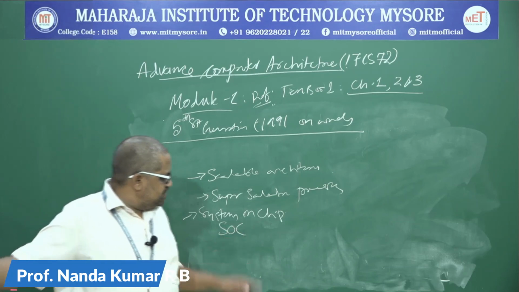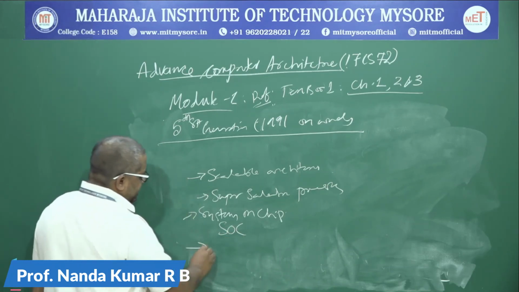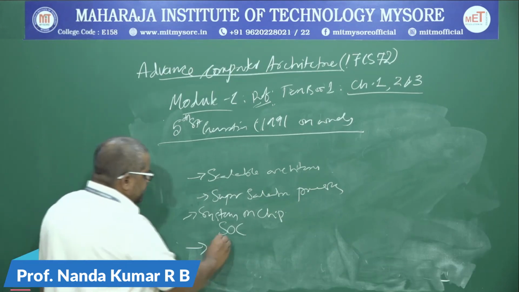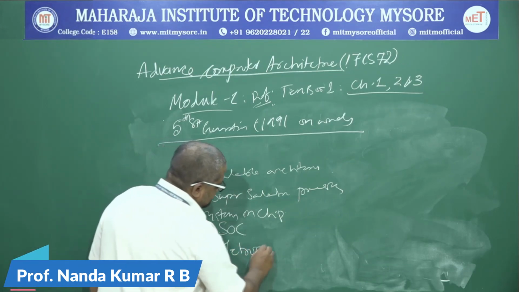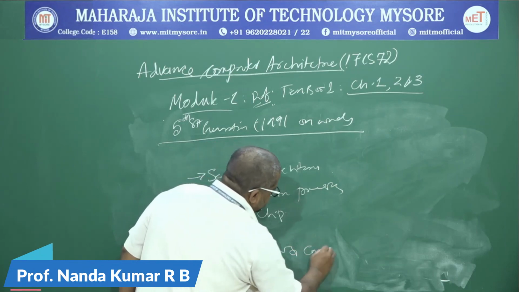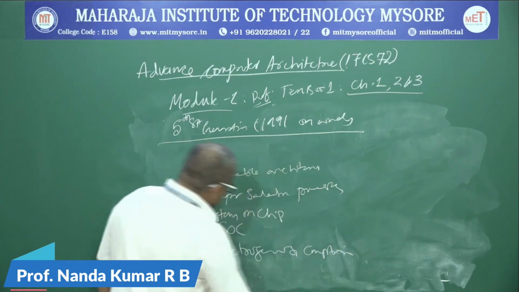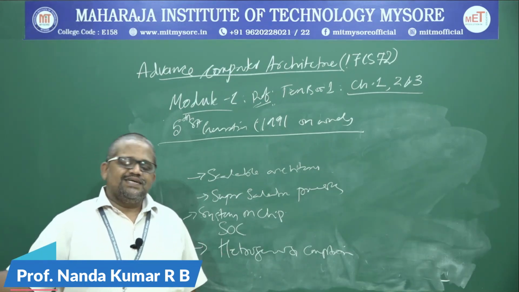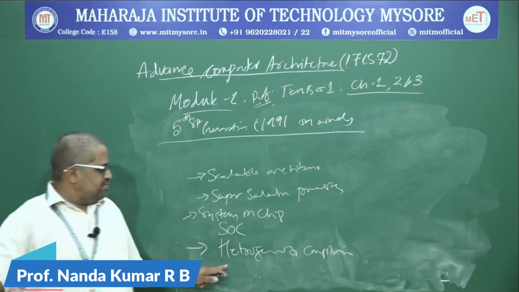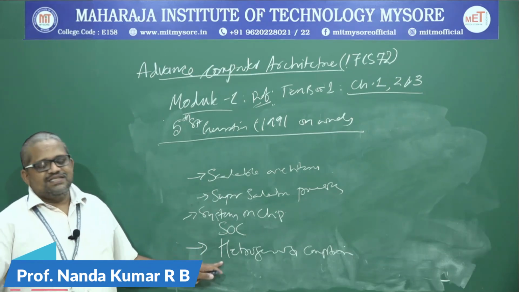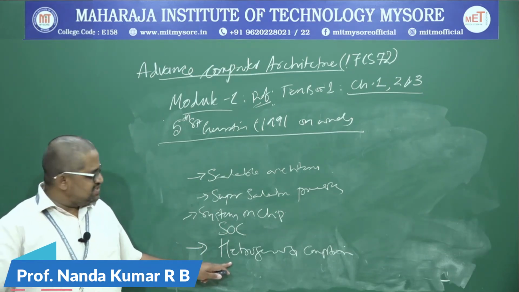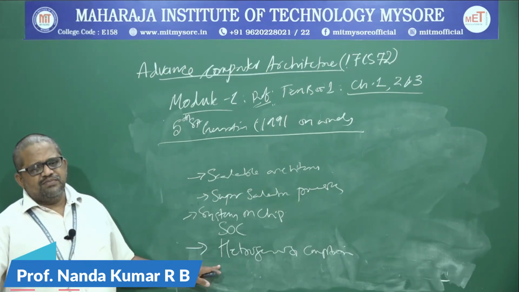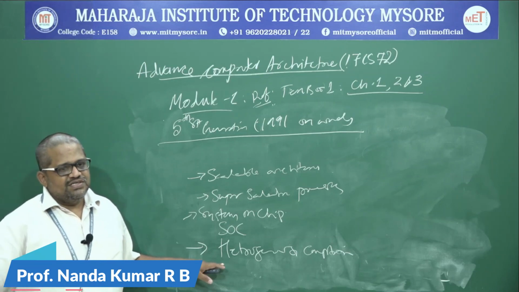Now, apart from the SOC, till now it used to be homogeneous computation. From homogeneous computation they moved to heterogeneous computation. What is meant by heterogeneous computation? Till now the nature of the problem that used to be solved was a similar one, but from homogeneous they started to move to heterogeneous processing capabilities.